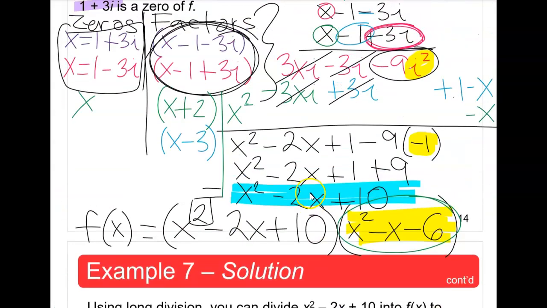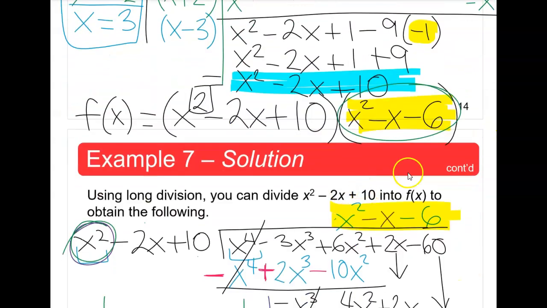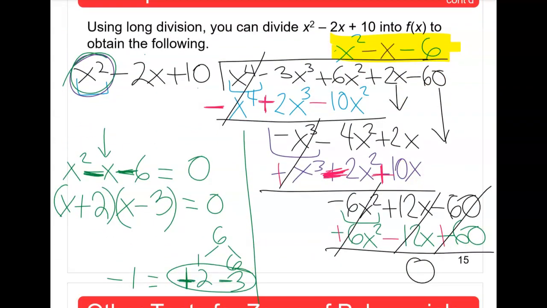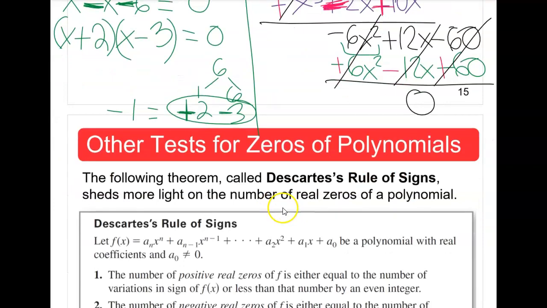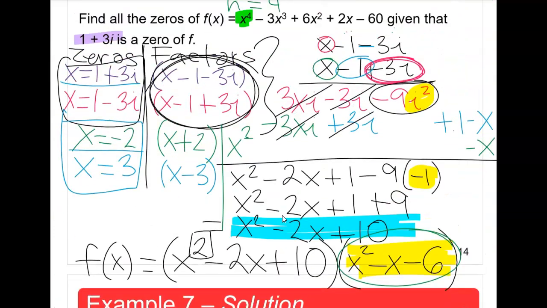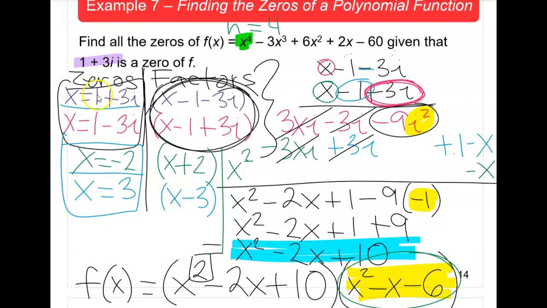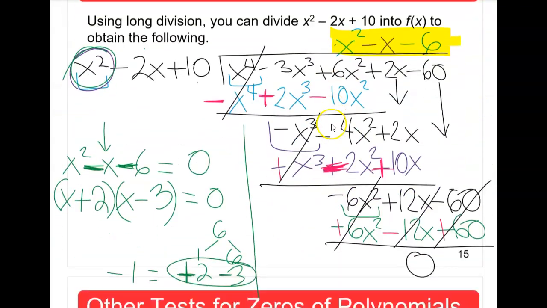Yes, it will be x equals negative 2, and the other one will be x equals positive 3. So then we have our 4 zeros, 1, 2, 3, 4. And that's it. That was the question. Find all the zeros. So we have all 4 zeros.